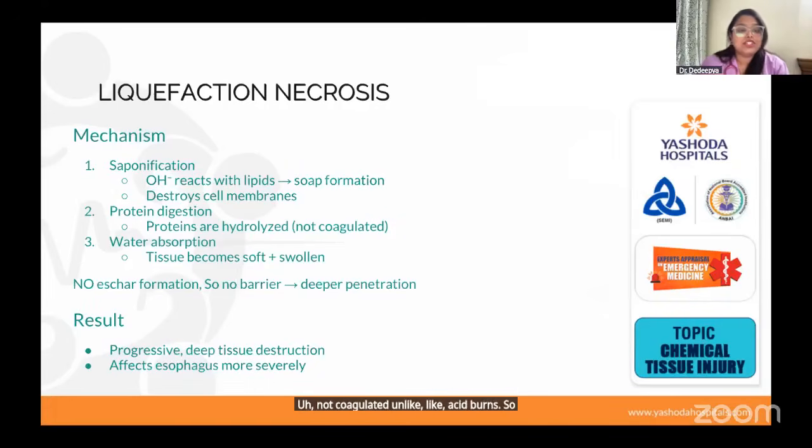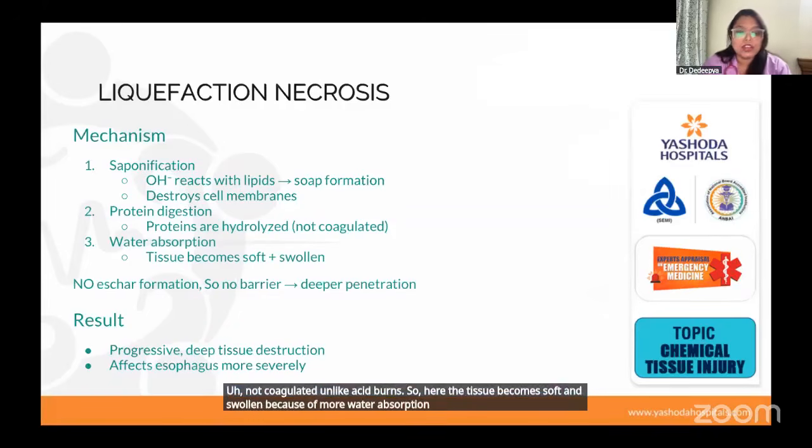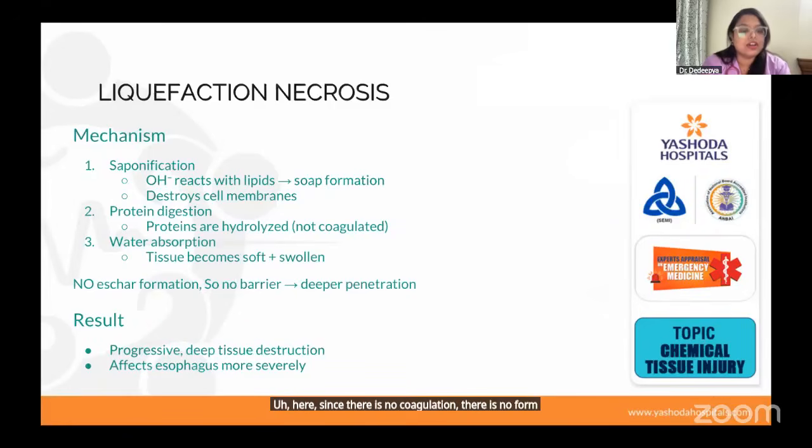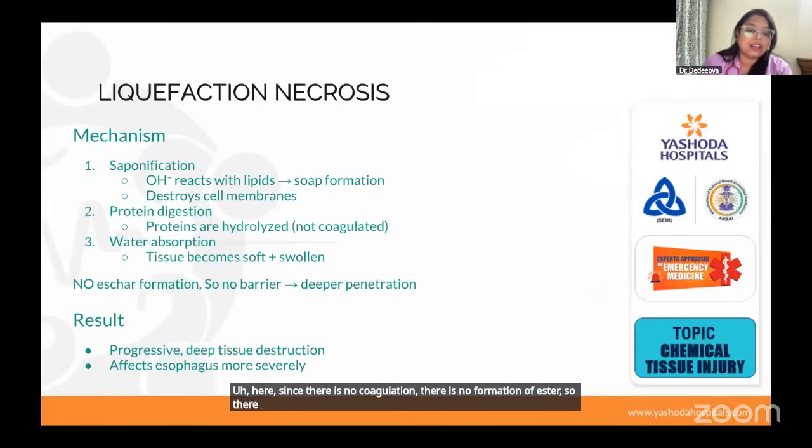Here the tissue becomes soft and swollen because of more water absorption. Since there is no coagulation, there is no formation of eschar, so there is no mechanical barrier causing deeper penetration. As a result, you will find progressively deep tissue destruction, which affects the esophagus more than the stomach.